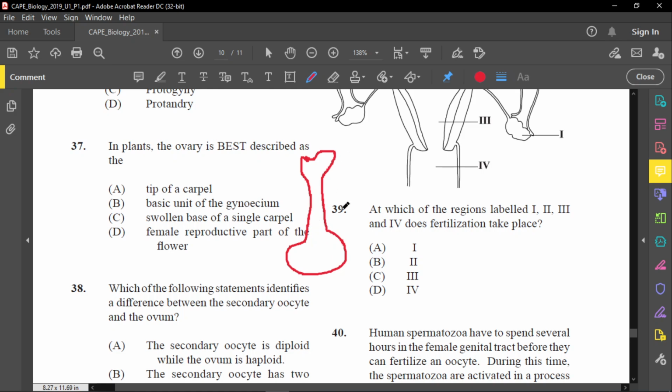The carpel now is the female part, which is the entire structure right here. The swollen base of the carpel is the ovary. The female reproductive part of the flower is the same as the carpel, which is the entire thing, so the ovary can't be the entire thing itself. It must be only the swollen part.